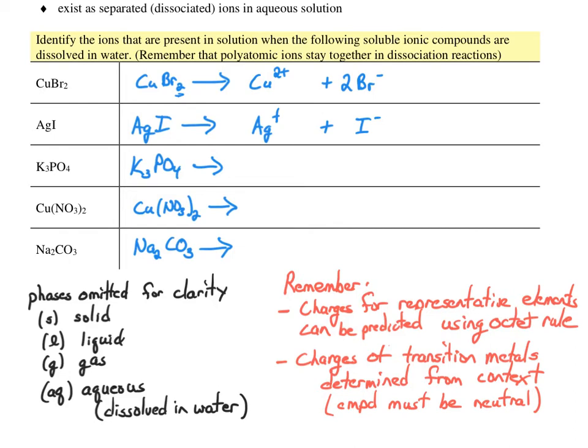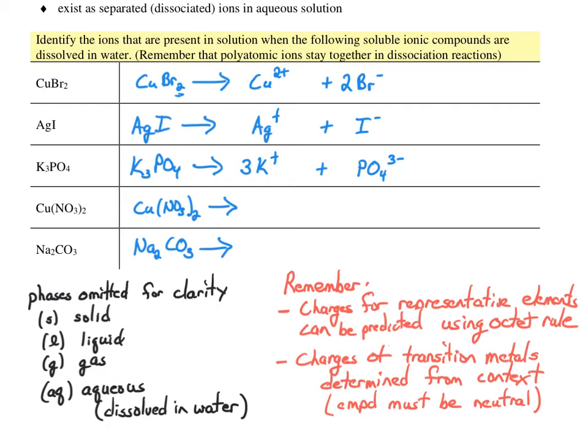Potassium phosphate. We've memorized our polyatomic ions, so we know that one of the ions that's going to be present in the aqueous solution is the phosphate 3- ion. If we happen to forget what the charge on the phosphate is, we're in luck in this case, because we know that potassium, as a 1A metal, is always going to form a +1 charge.